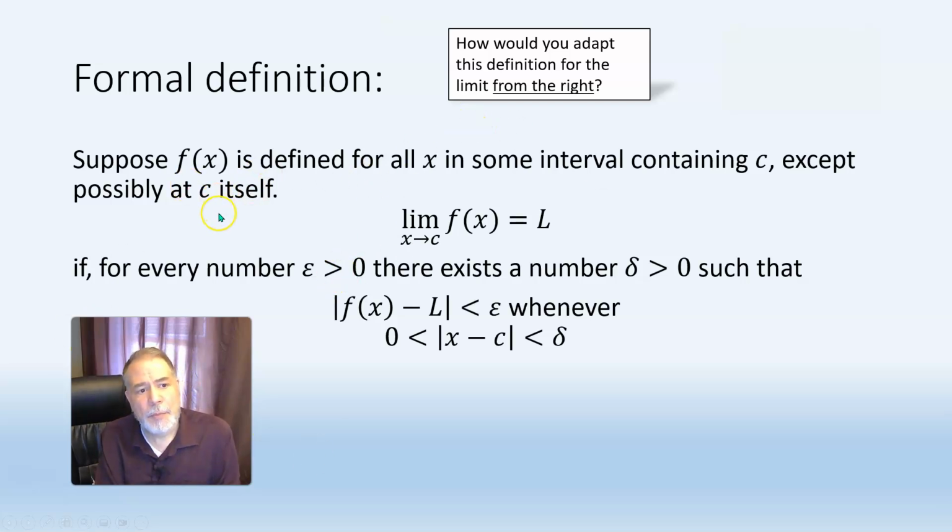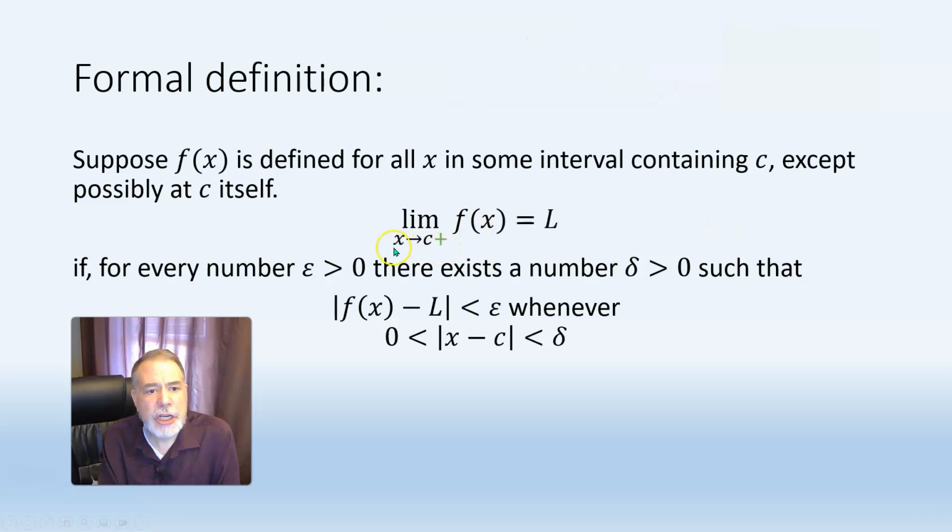here to remind you is the formal mathematical definition of what it means to have the limit as x approaches c of f of x be the number L. So to change that so that we only talk about the limit as x approaches c from the right, we don't have to have f of x defined for all x in some interval containing c, except possibly c itself.